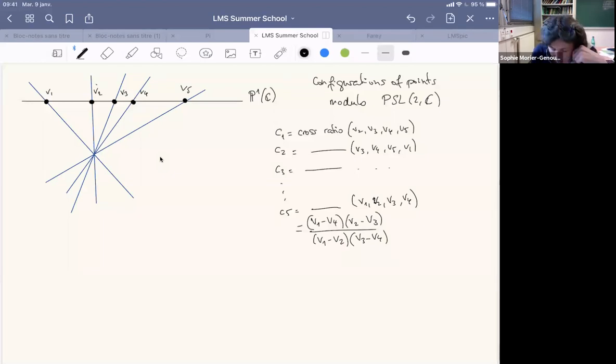You cannot assign 5 numbers at random. The relationship between these 5 cross ratios is again the relation of a frieze. And again, the cyclic symmetry of the problem explains this glide symmetry here.